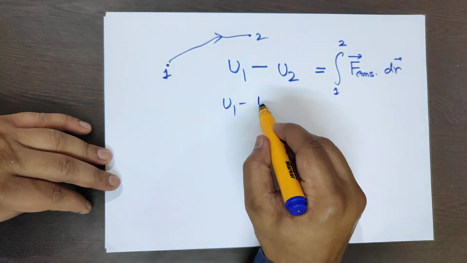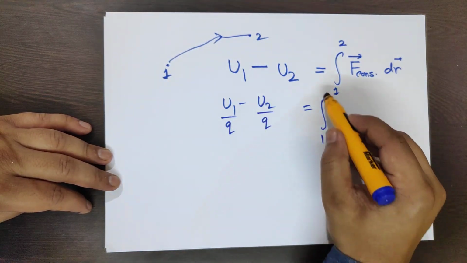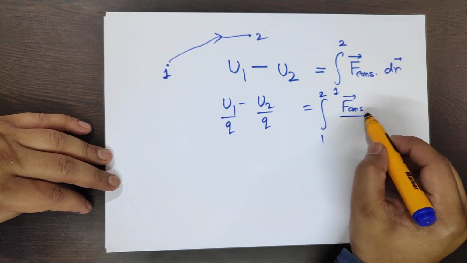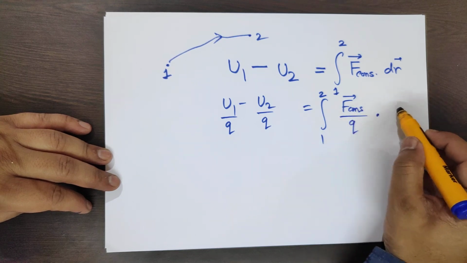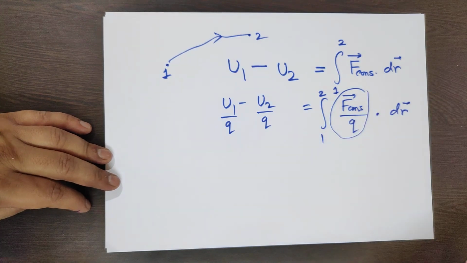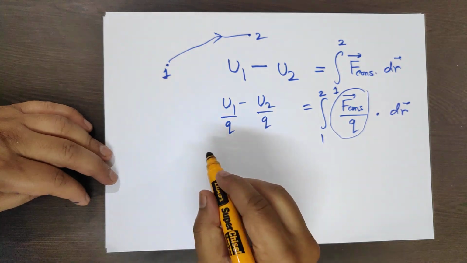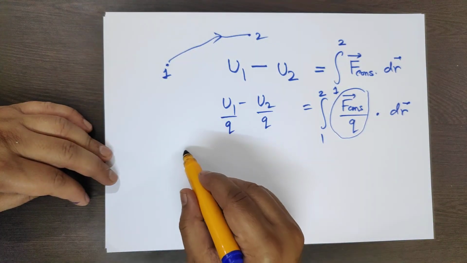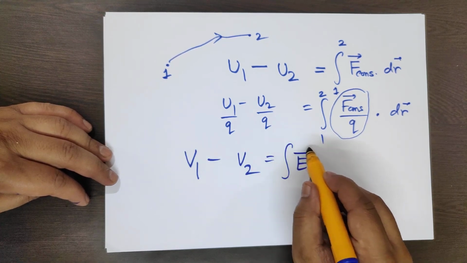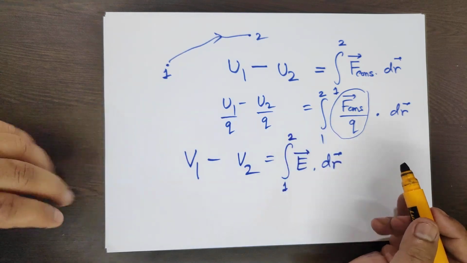If you divide it by the charge Q, it equals the integral from 1 to 2 of F conservative, or electrostatic in this case, divided by Q dot dr. Now, F conservative divided by Q is nothing but the electric field, and U divided by Q is V. So, V1 minus V2 is the integration of E dot dr from point 1 to point 2, right.